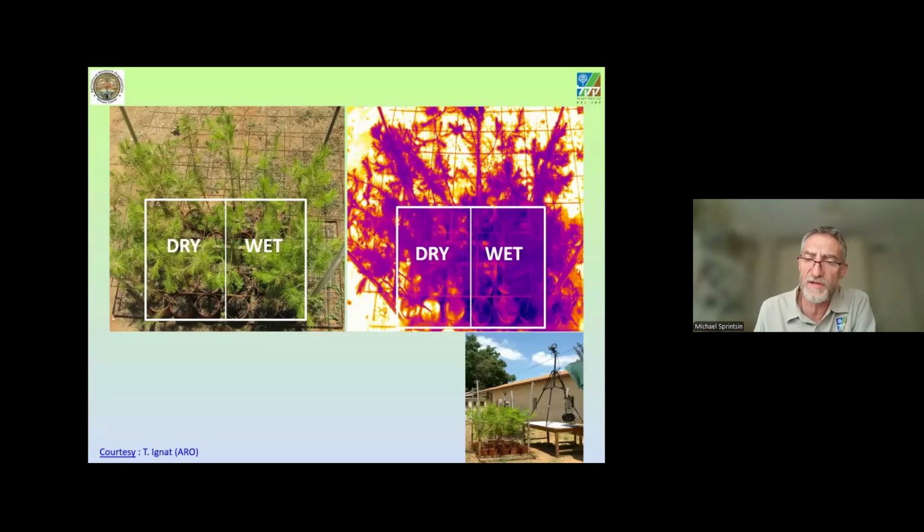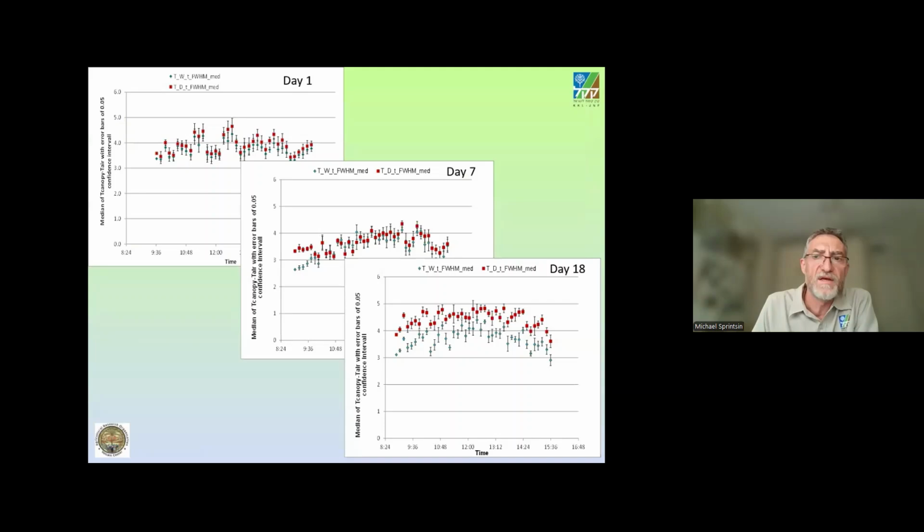We took thermal infrared imagery from a close-range camera every minute during daylight for 18 consecutive days. And this is an example of how temperature changes from day 1 to day 18. The red are dry saplings, and the blue is the temperature of wet, or irrigated, saplings.